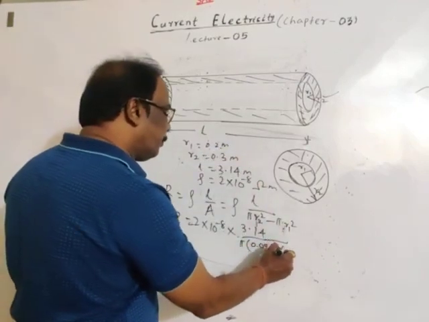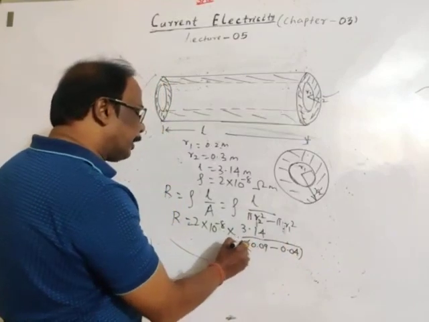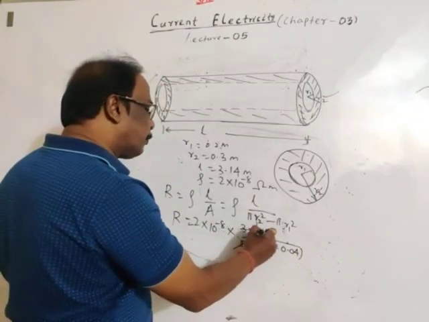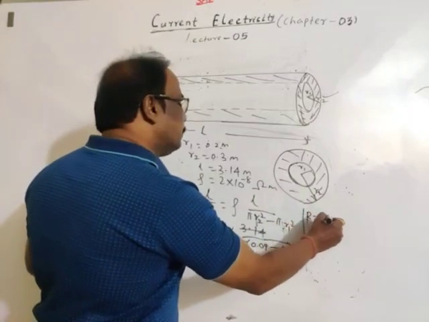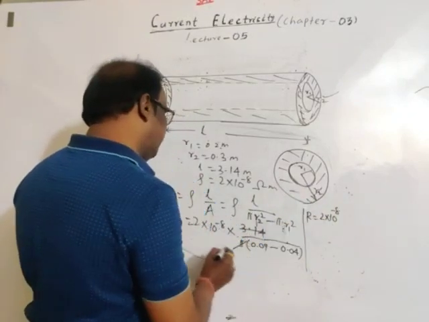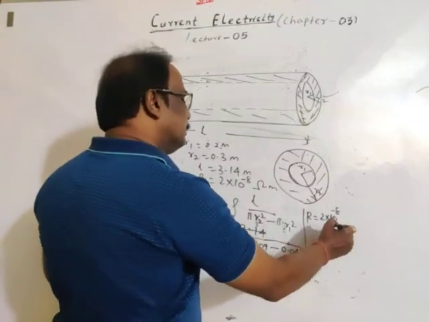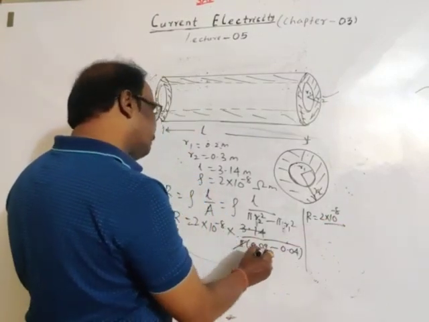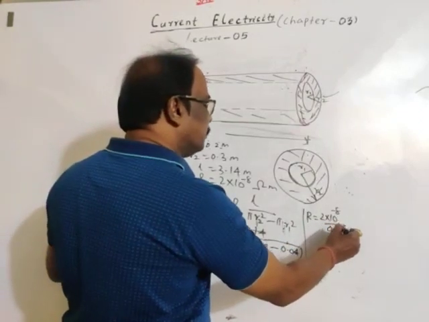R1 is 0.2, so 0.04. Pi is also 3.14, so pi 3.14 gets cancelled. Then what is the resistance? 2 into 10 to the power minus 8 divided by 0.09 minus 0.04, which is 0.05.